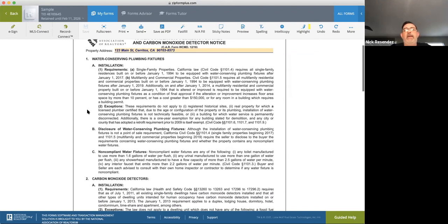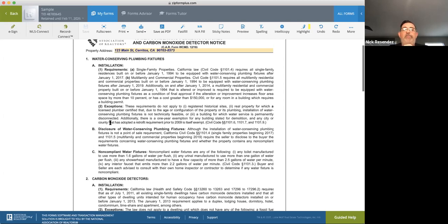It's a little bit complicated, but basically the first paragraph says that as of 2017, any single family residences must be retrofitted with water conserving plumbing fixtures: shower heads, toilets, sink faucets. If you happen to have a urinal in your property, that is also referenced on here.